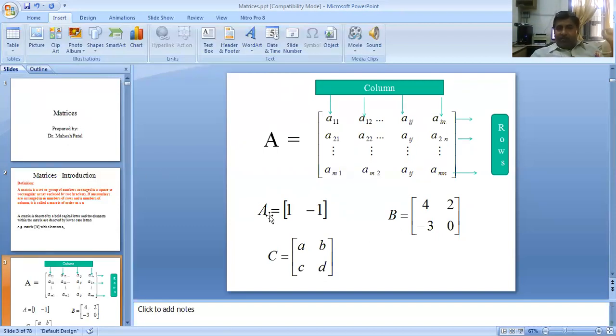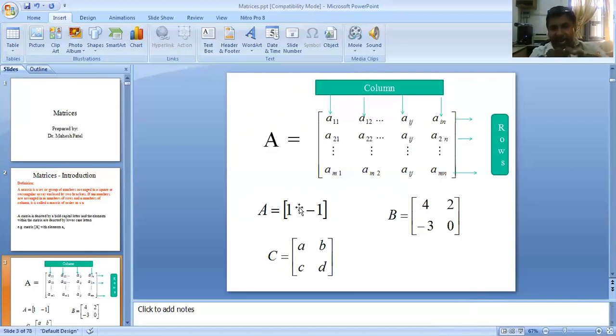So if we take matrix A is equal to 1 minus 1, matrix B is equal to 4 2 minus 3 0, and matrix C is equal to A, B, C, D. We can see that in matrix A, there is only one row and two columns.